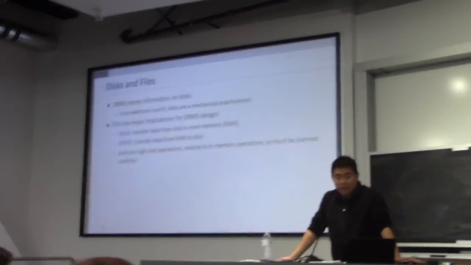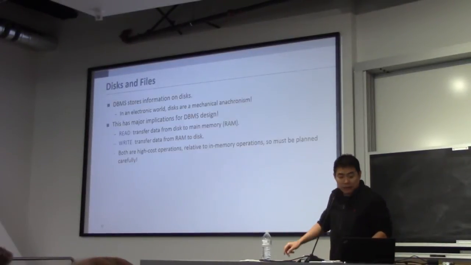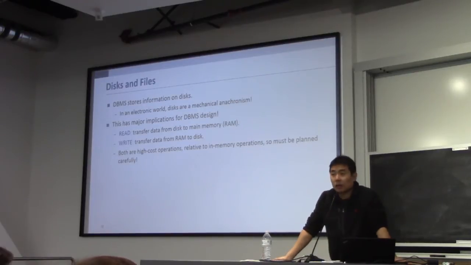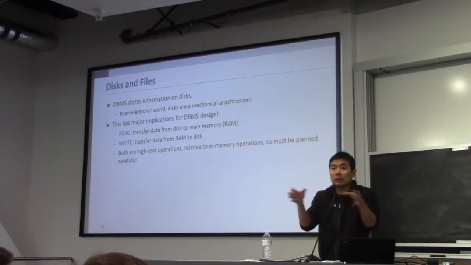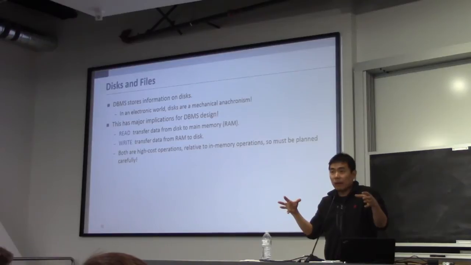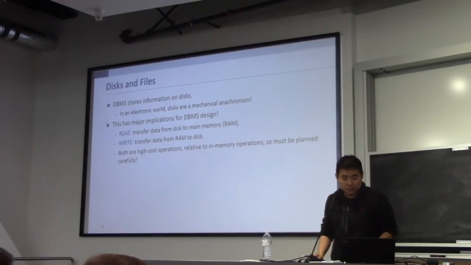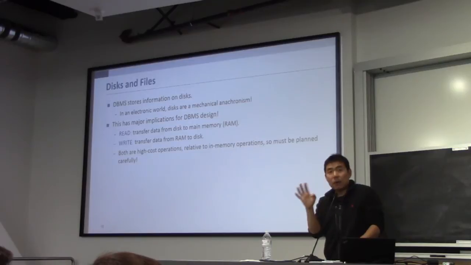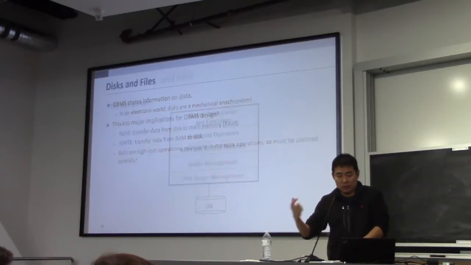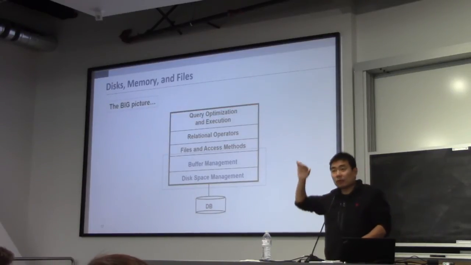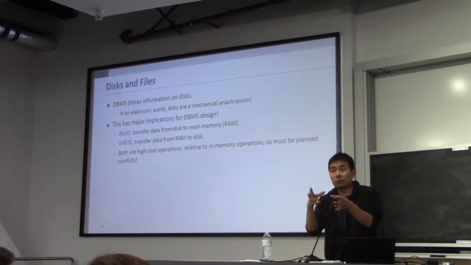The disk space management layer is responsible for organizing data into files, and for reading blocks from and writing blocks into these files. So from an abstraction point of view, all this disk space management provides to the higher layer is the ability to read a particular block and write a particular block.